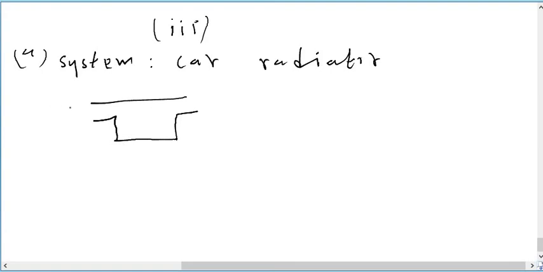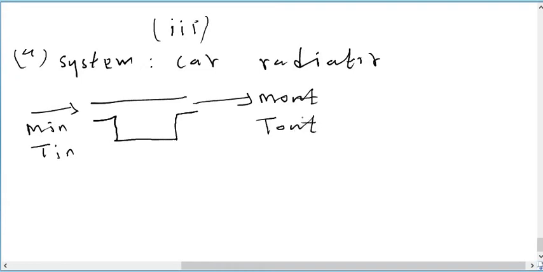Supposing this is a car radiator, and there will be a mass in at a temperature T in, and there will be a mass out at the exit temperature T out. So always the T out is less than the T in.